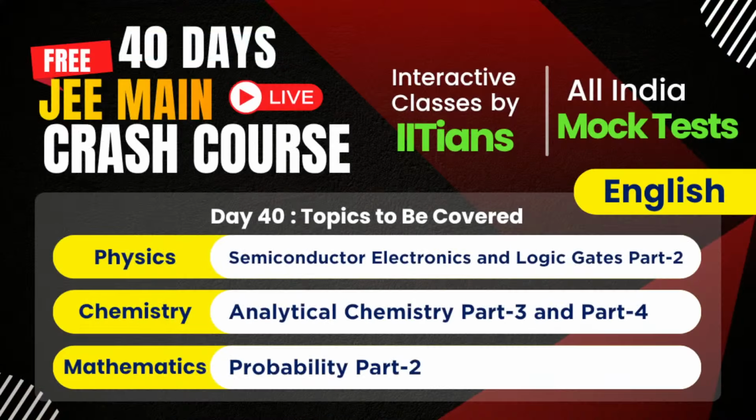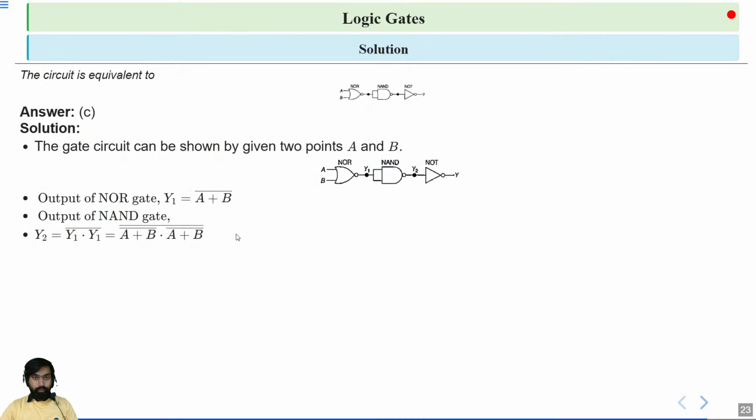Think about it. So Y2 will be (A plus B) complement dot (A plus B) complement and then whole complement.